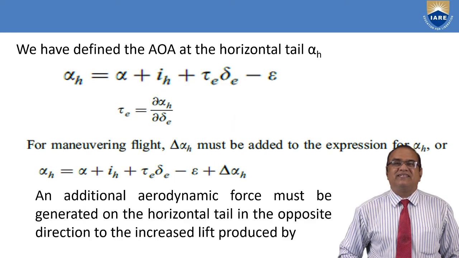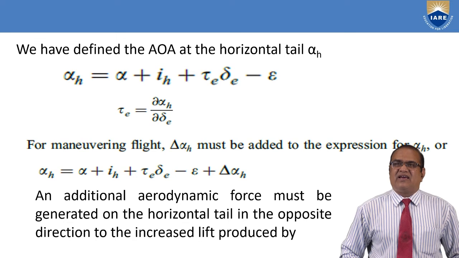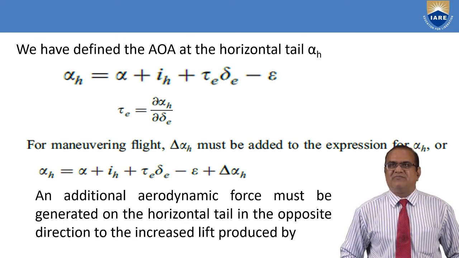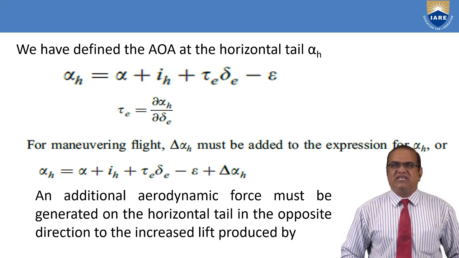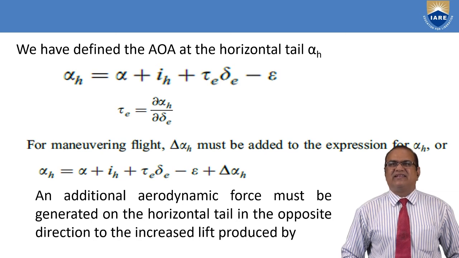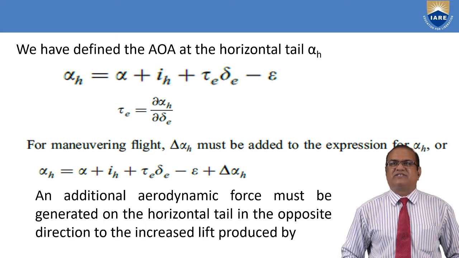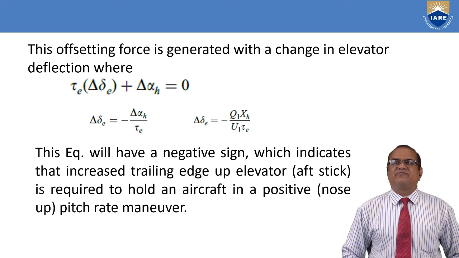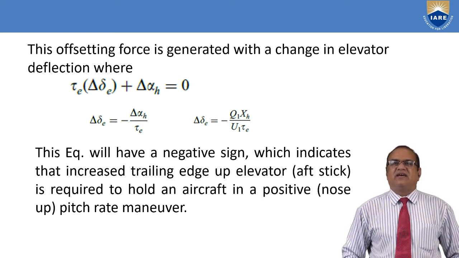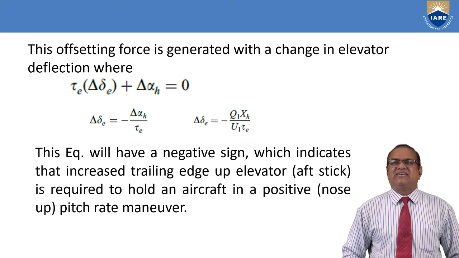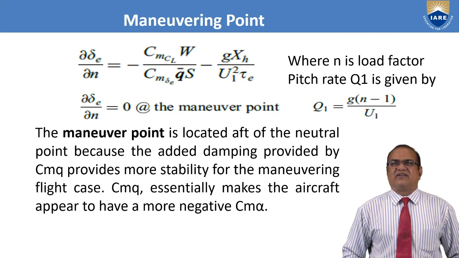So here we have defined this angle of attack alpha H, which is alpha plus iH plus tau E delta E minus epsilon, and tau E is equal to dou alpha H by dou delta E, and in this way we can find out the maneuvering. This must be added to the expression, and in this way we get these equations. We will have a negative sign which indicates the increase in trailing edge up elevator.